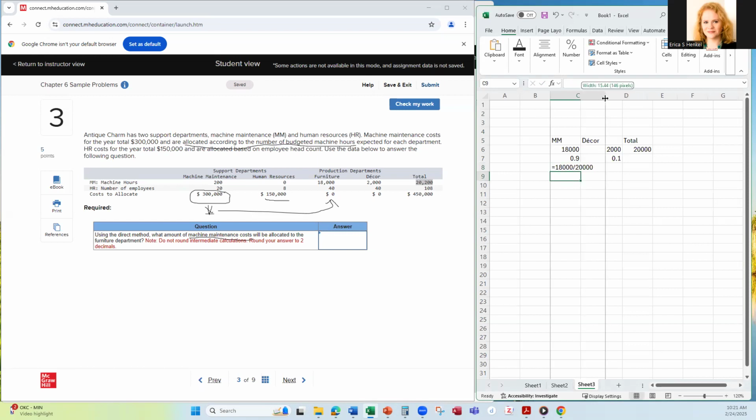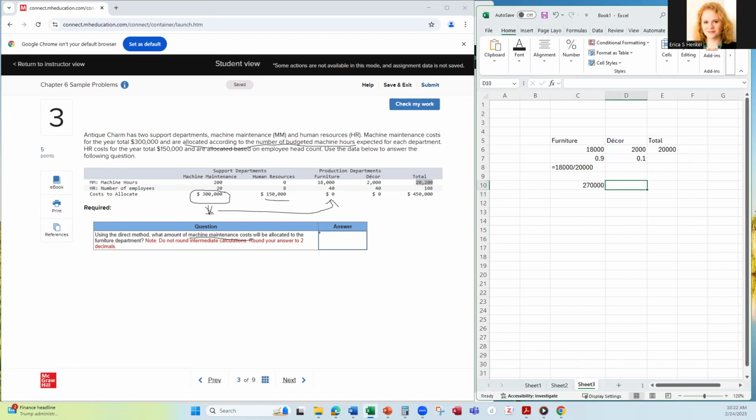And then once you do that, all you do is apply that to the amount that you're distributing here, right? Oops, this is supposed to be furniture. Sorry. So we're distributing $300,000. We're just going to take that $300,000 that we're distributing, and we're going to multiply it times that 90% or 0.9, which gets us 270,000.